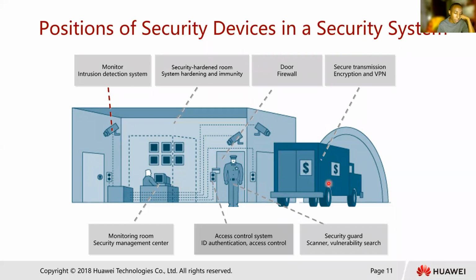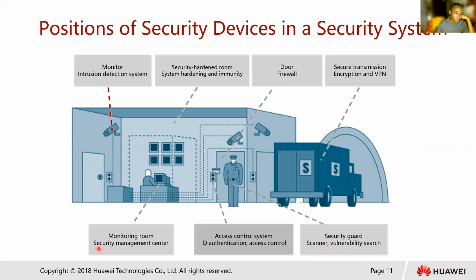You cannot find lorries or vans that carry money without an escort. We have an access control system for authentication. We have a security guard with a scanner for scanning and also vulnerability search, because they have to search you and check that you don't have weapons.